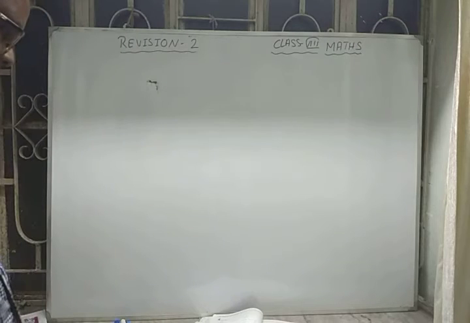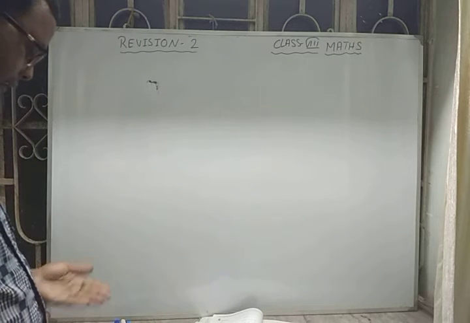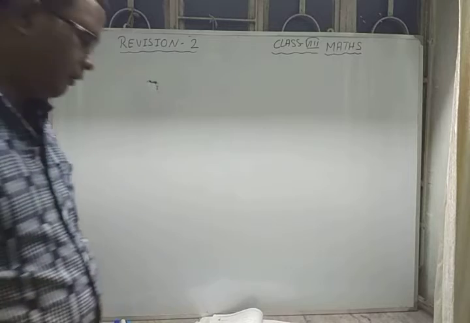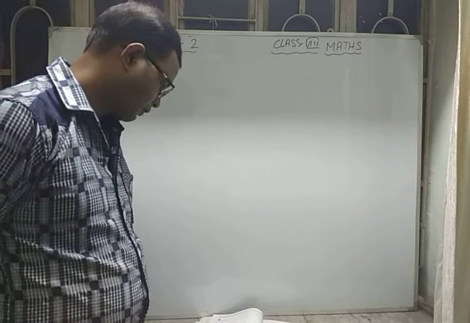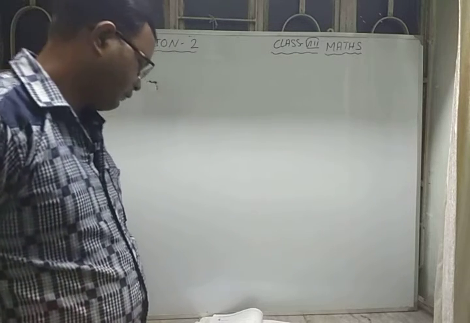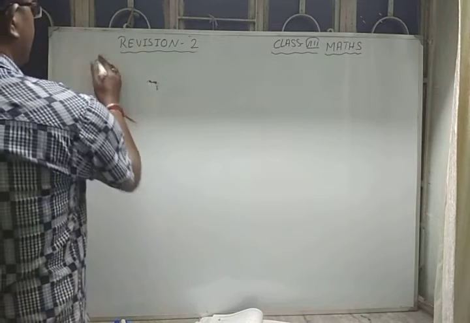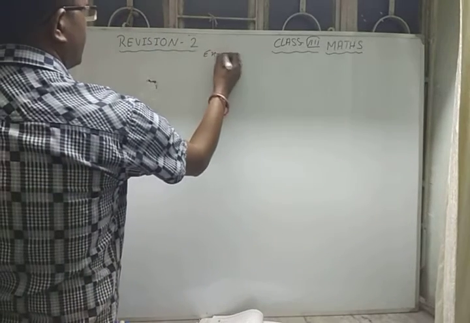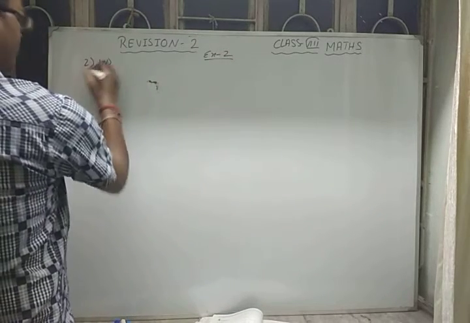First of all, I will do a question from exercise number 2. I am going to solve question number 4 of question number 2. It's exercise 2, question number 2, 4.